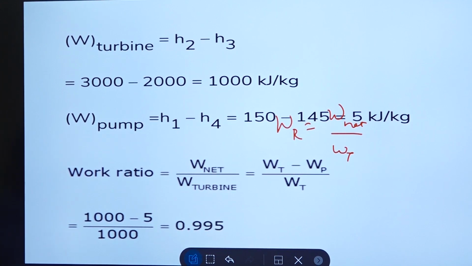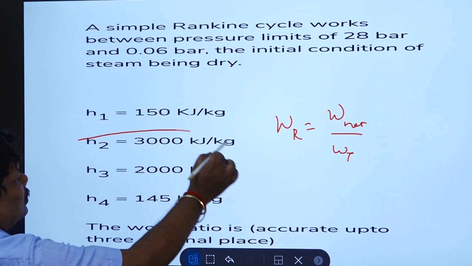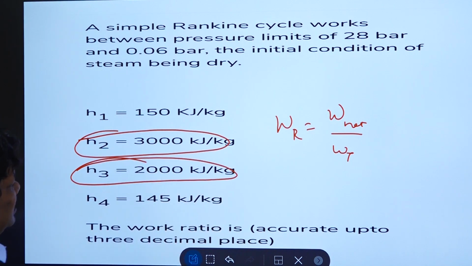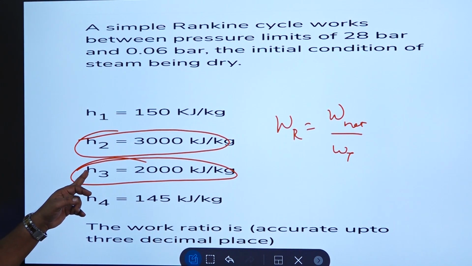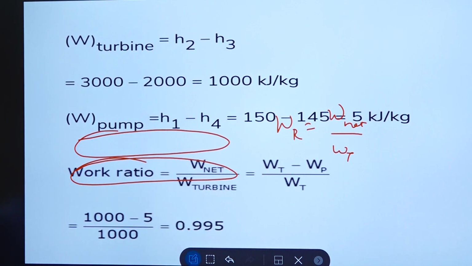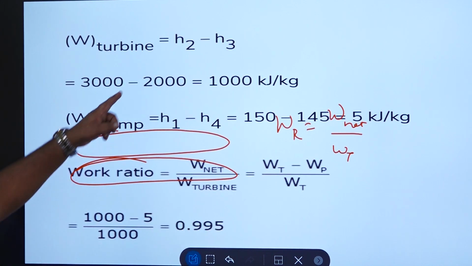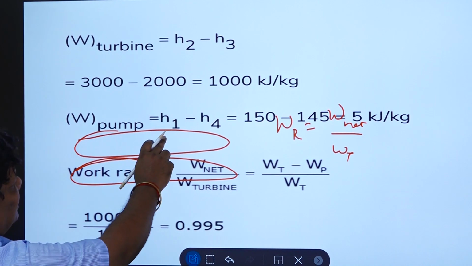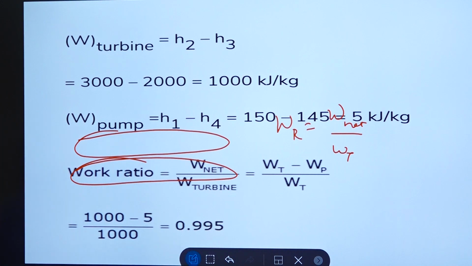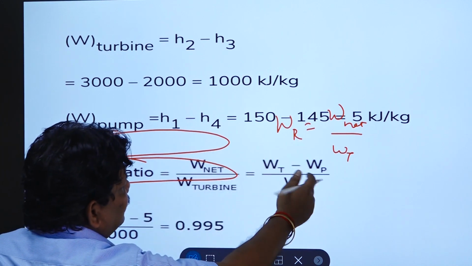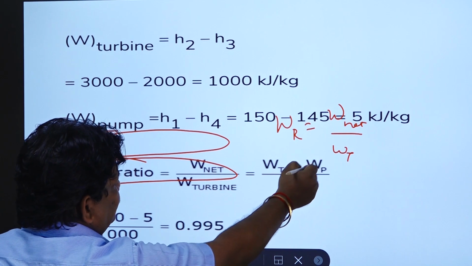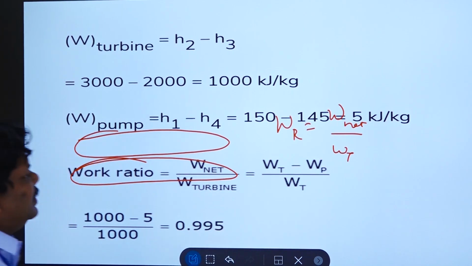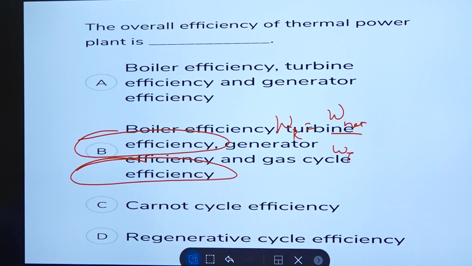In this problem, these two represent the turbine area, because of the higher enthalpy. So H2 minus H3 is 3000 minus 2000, which is 1000, and pump work is H1 minus H4, that is 150 minus 145. So you get (1000 minus 5) divided by 1000, which is 0.995. That is the answer.